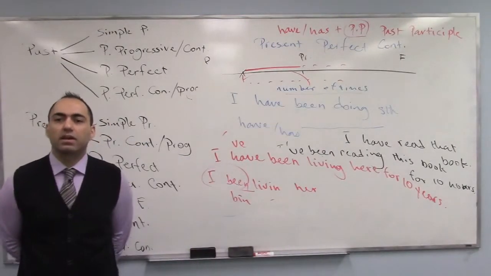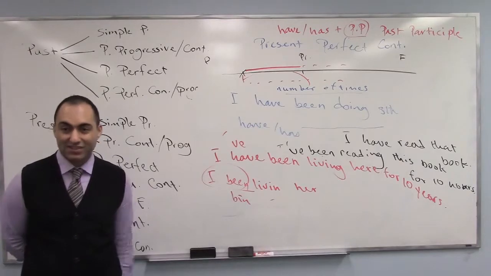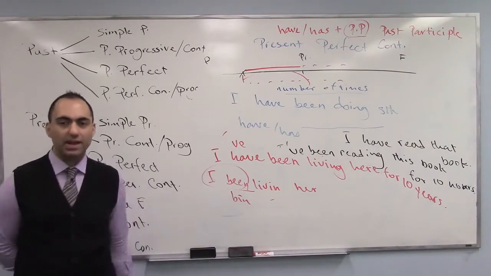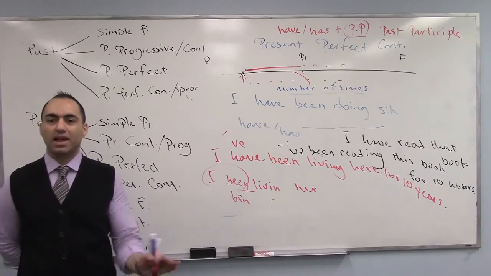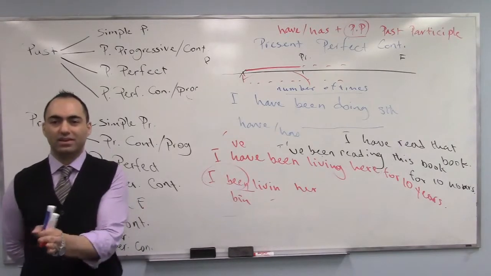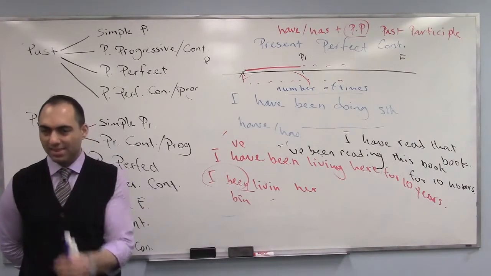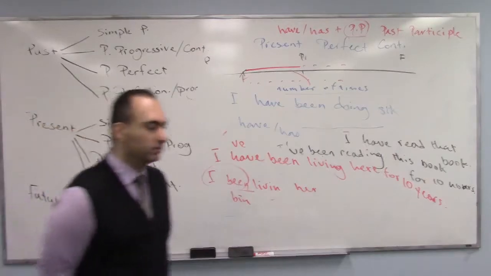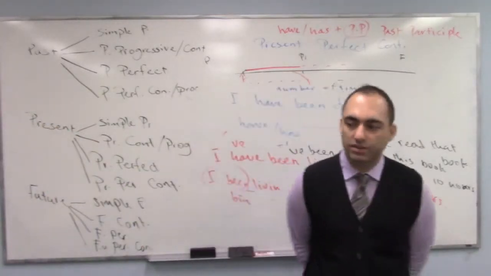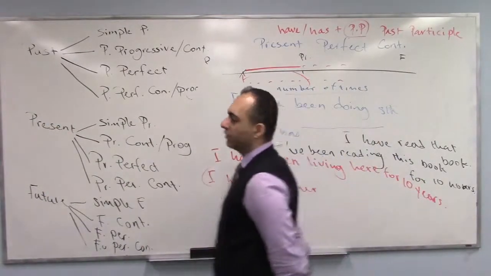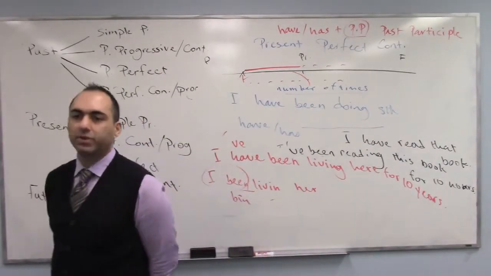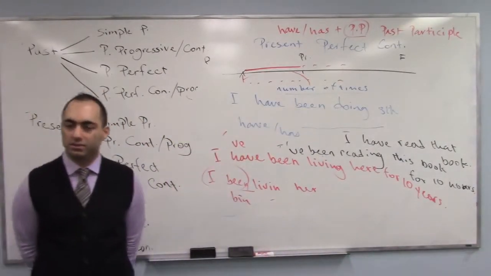But you hear it: how long have you been smoking? How long have you been doing that? I've been studying English for 10 years. I've been studying English for 20 years. I've been living here forever. I've been playing baseball for 15 years.